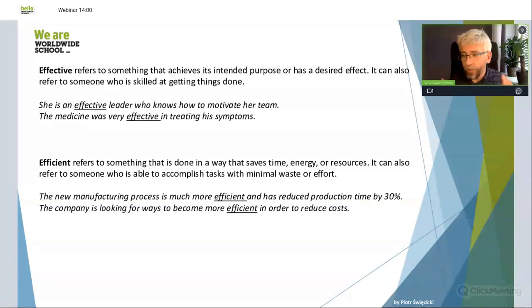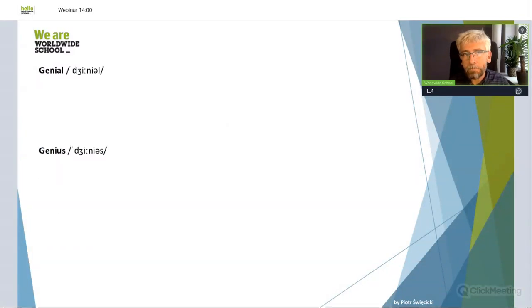Because your time management skills are so great, but also an effective one. The new manufacturing process is much more efficient and has reduced production time by 30%. The company is looking for ways to become more efficient in order to reduce costs. Easy.